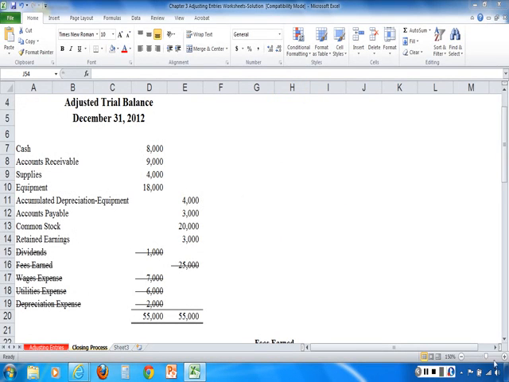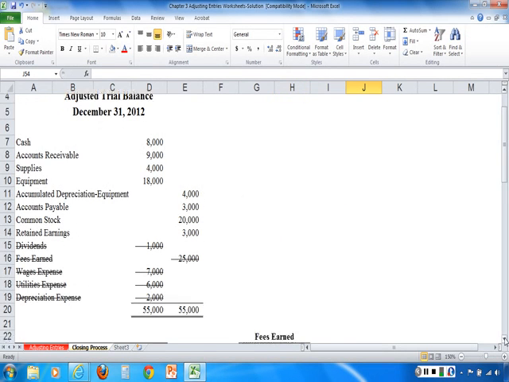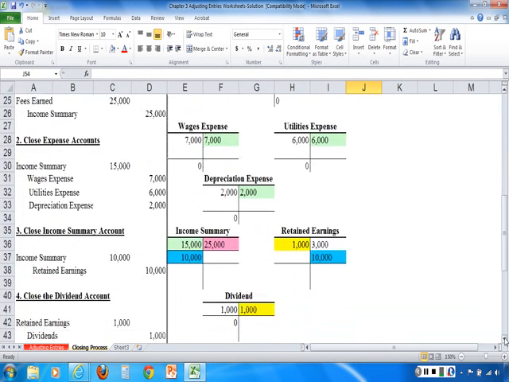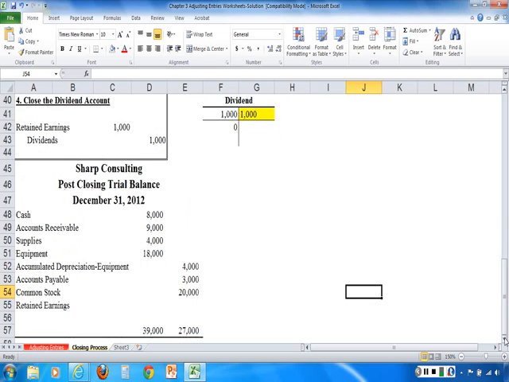And so right here, I have prepared the post-closing trial balance and essentially transferred the balances of all the accounts that are permanent. Now, none of the accounts other than retained earnings has changed here. So all the asset accounts and liability accounts and the common stock account remained as they are.